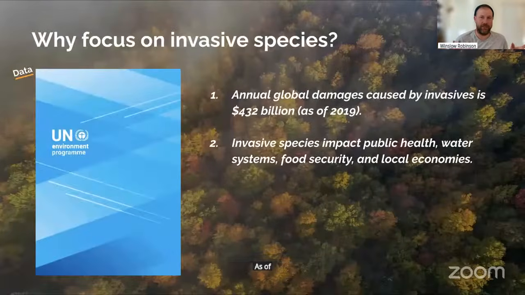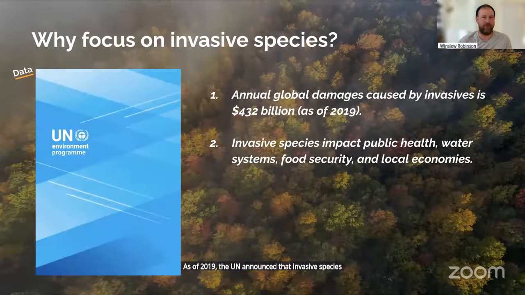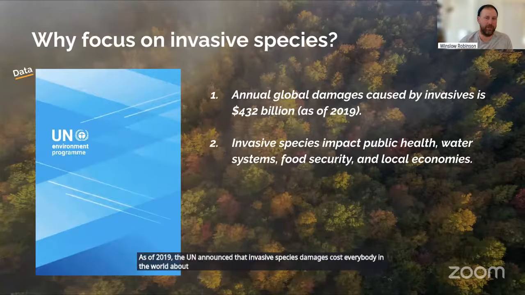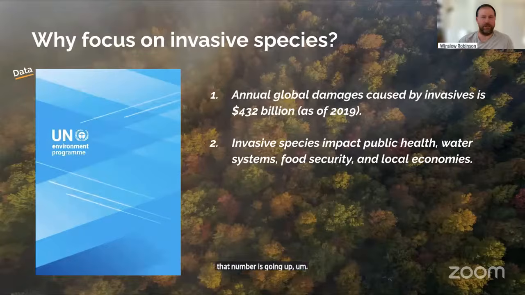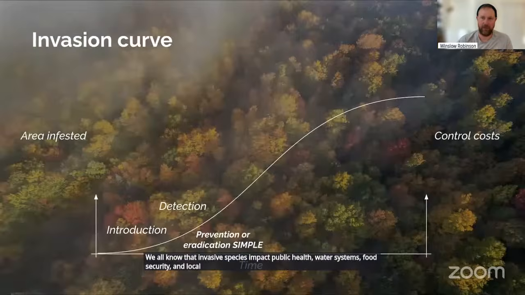As of 2019, the UN announced that invasive species damages cost everybody in the world about $432 billion. That number is going up. Milder winters are making a lot of things more difficult. We all know that invasive species impact public health, water systems, food security, and local economies.